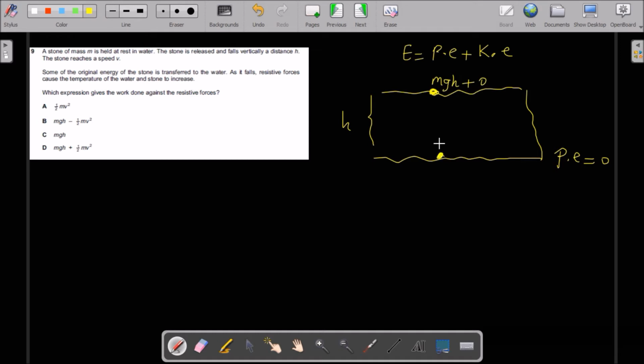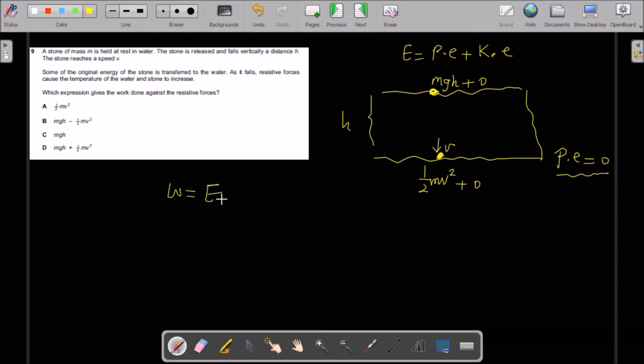Near the earth there is a speed of v, that's why we have kinetic energy, and according to this assumption potential energy will be 0. So now what is work done? We know that work done against resistive force is equal to the change of mechanical energy.